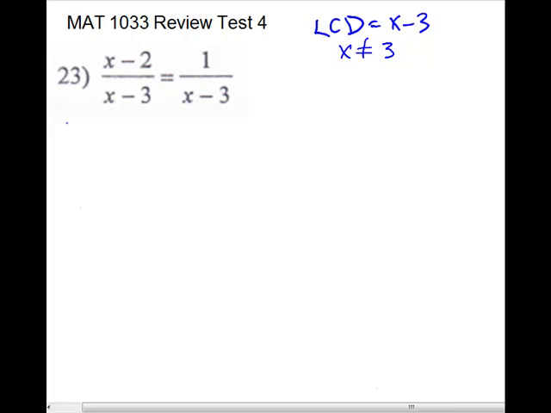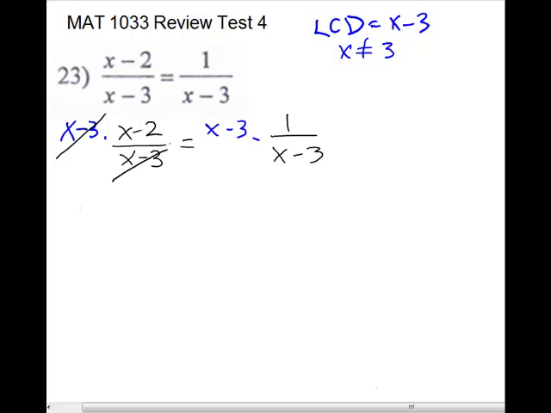Now, I'm going to multiply by x minus 3 on both of them. And it will make the denominators cancel. So what I have left is x minus 2 equals 1.